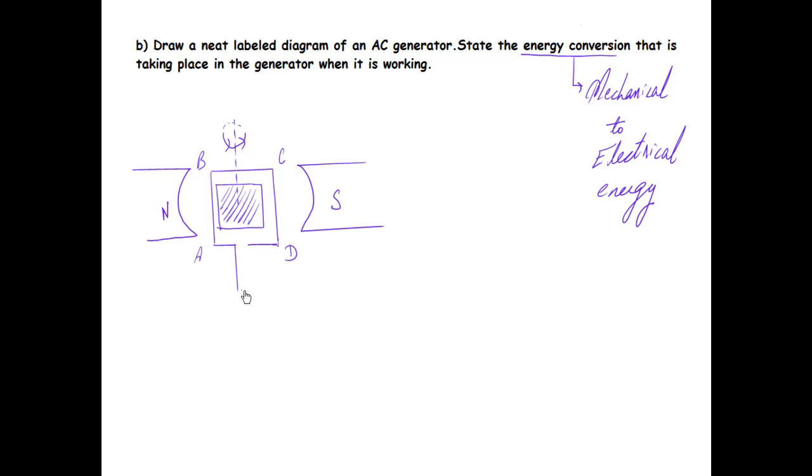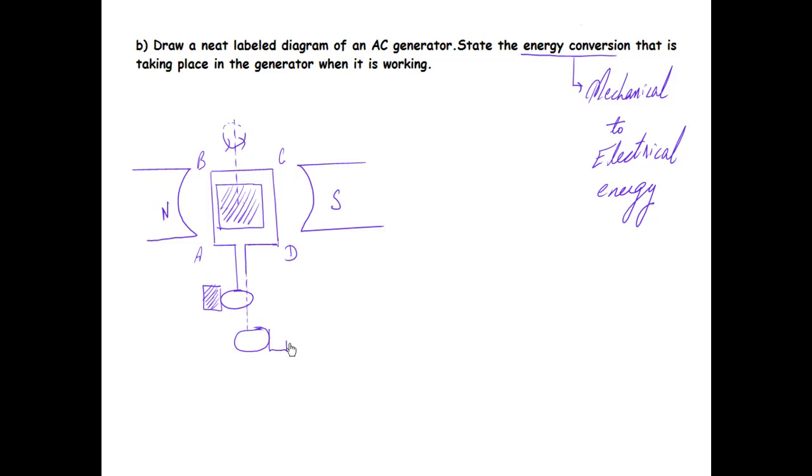Now both the ends of this coil have an attached slip ring, and when the coil is rotated about the armature, the slip rings rotate along with the coil. Now what I am drawing is a carbon brush.